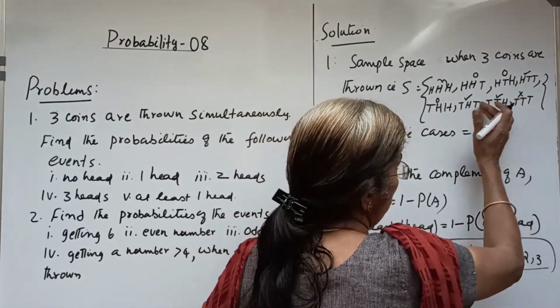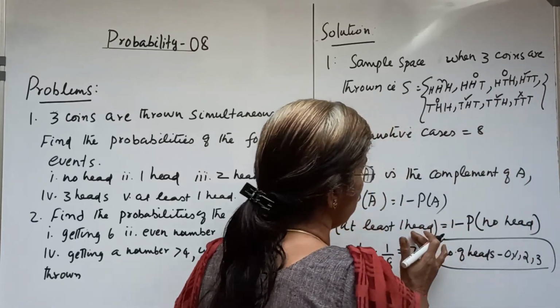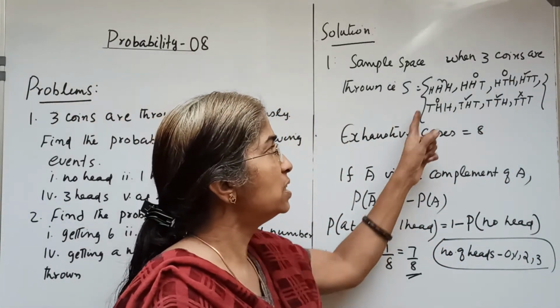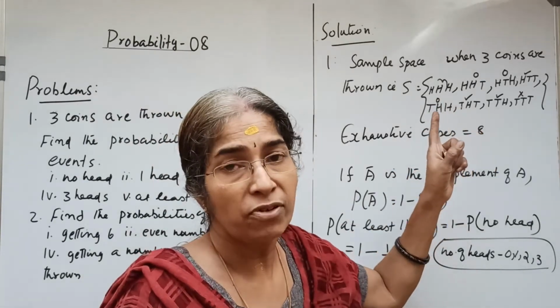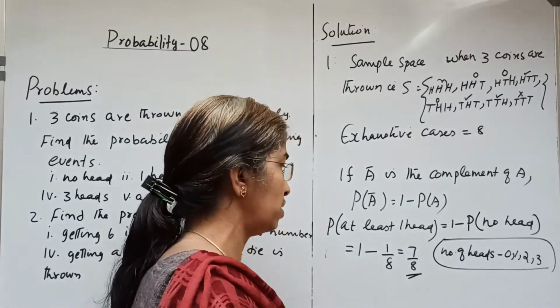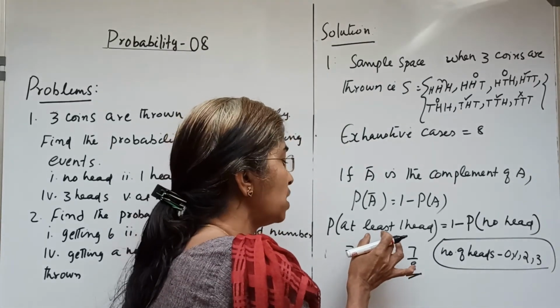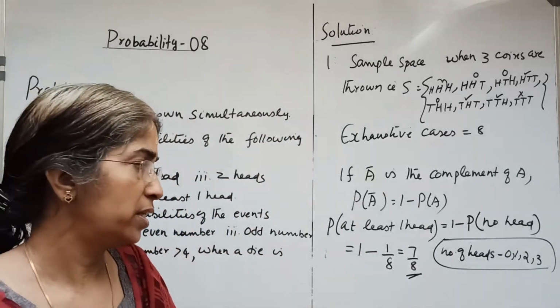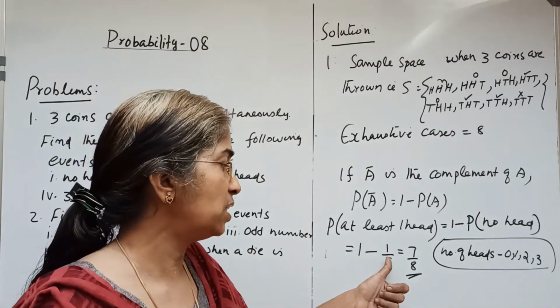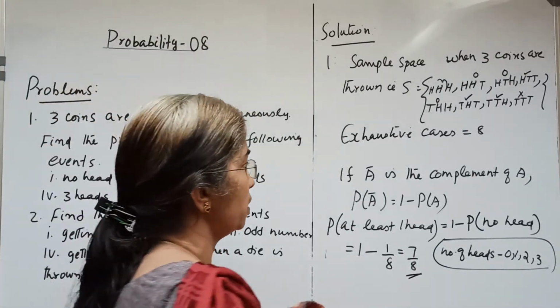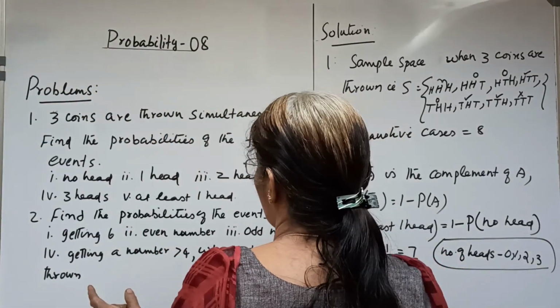Except this one, all are favorable to this event at least 1 head, so this is simply 7 by 8 as favorable cases by exhaustive cases using the definition. Otherwise we can obtain this as 1 minus probability of no head, equal to 1 minus 1 by 8, equal to 7 by 8. Okay, so the first question is over.